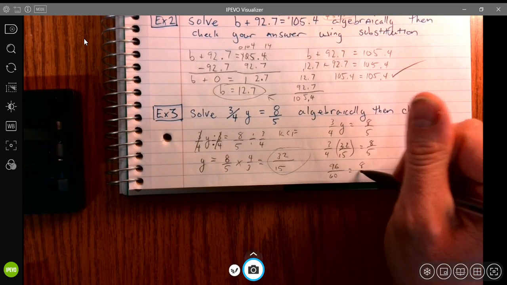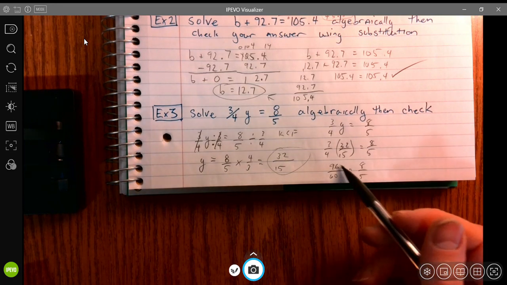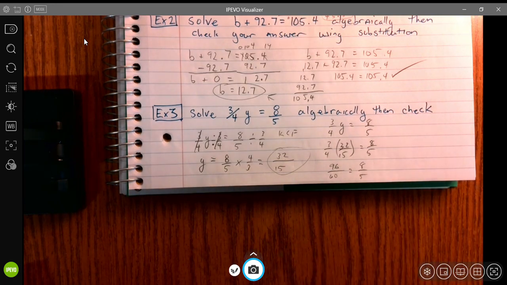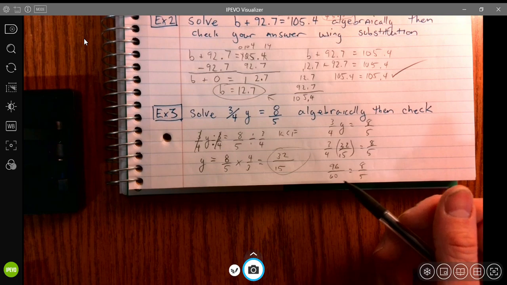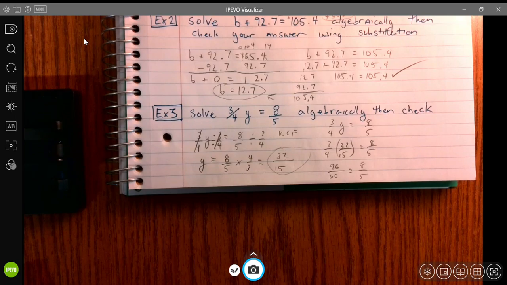Is that equal to 8/5? Well, what do you think? Can we reduce that fraction at all? Well, let's see. Let's pick a number.